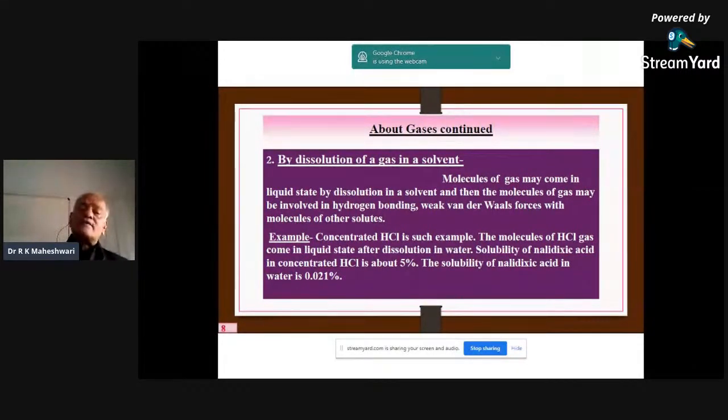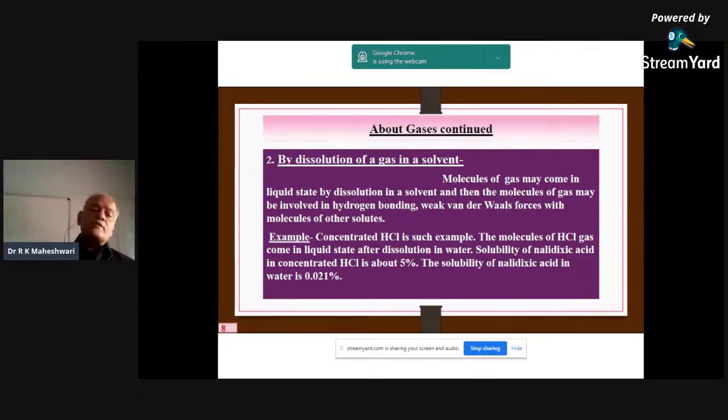Okay, and now these HCl molecules may be involved in hydrogen bonding and weak van der Waals processes with the molecules of a solute like nalidixic acid. So that's why the solubility of nalidixic acid is very high in concentrated HCl. Okay, and both are acids, so there is no role of pH. Means what is happening here? Hydrogen bonding, weak van der Waals forces between the molecules of nalidixic acid and molecules of HCl.